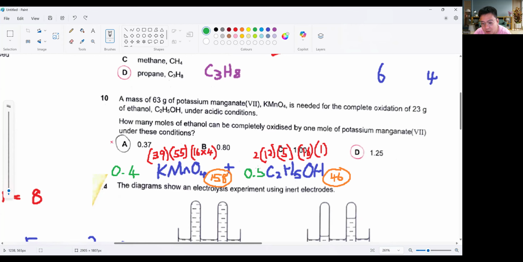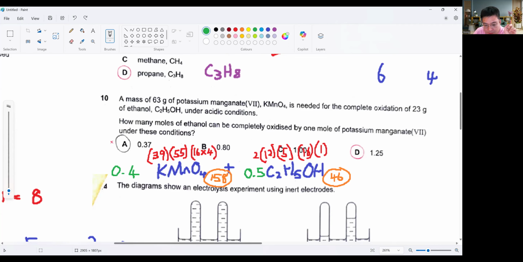0.5 here. So the mole is 0.4 reacting with, wait, did I calculate that correctly? 39 plus 55 plus 16 times 4. Let me double check this KMnO4.